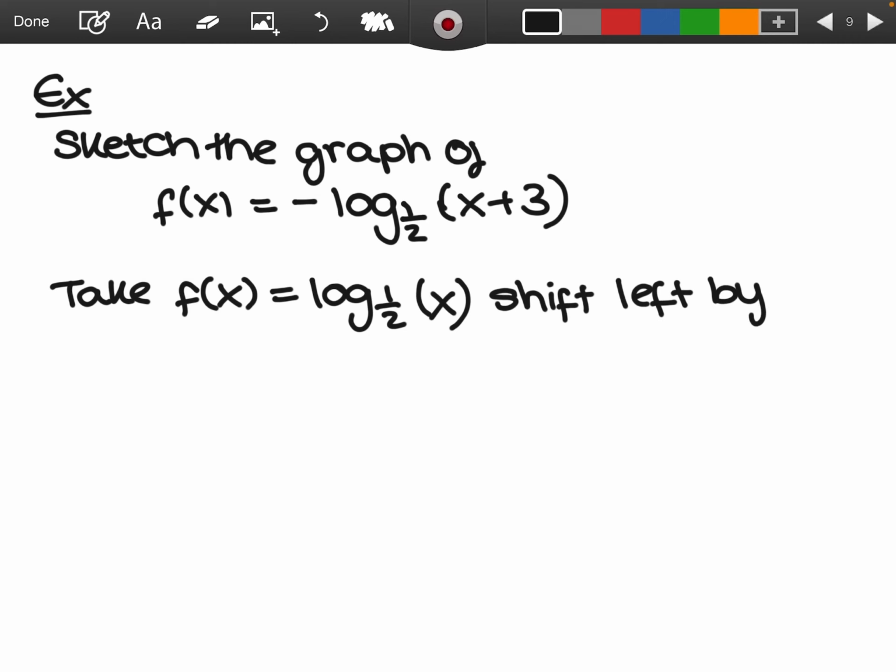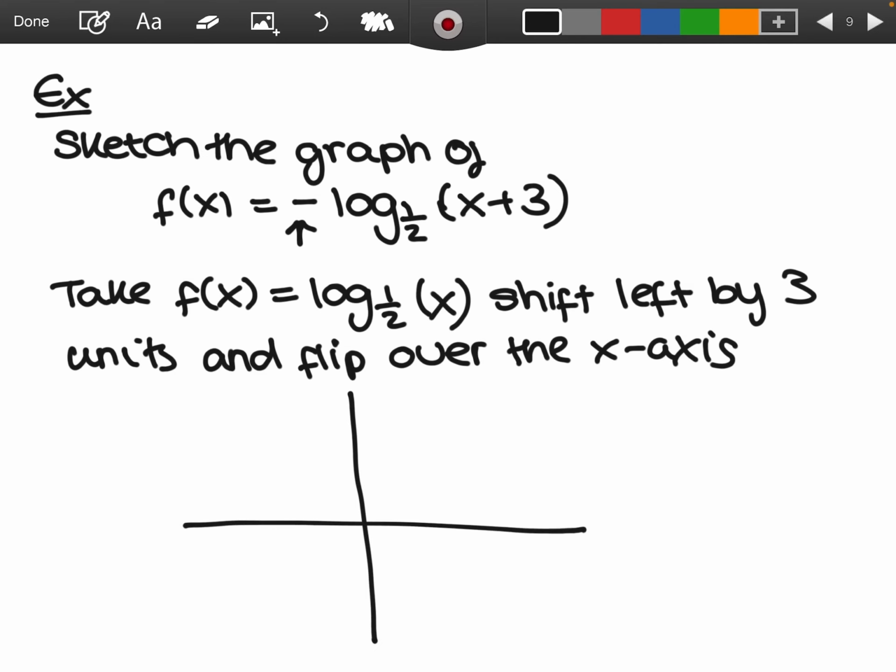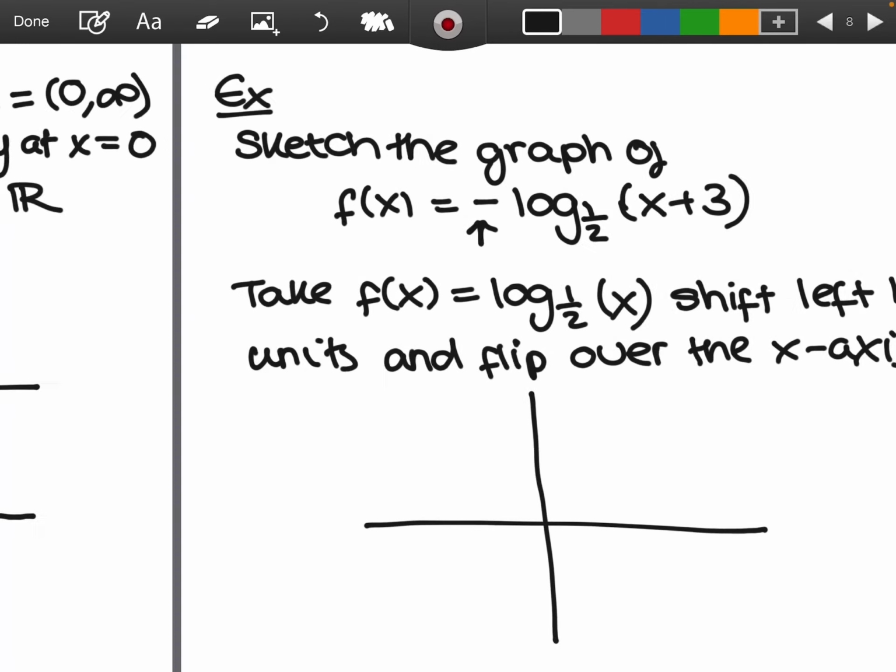I'm going to shift it to the left by 3 units. And then I'm going to end up flipping it over the x-axis because of this negative. If the negative was in front of the x, I would flip over the y-axis, but my negative is out the front of the function, meaning that I flip over the x-axis. It's going to deal with it vertically.